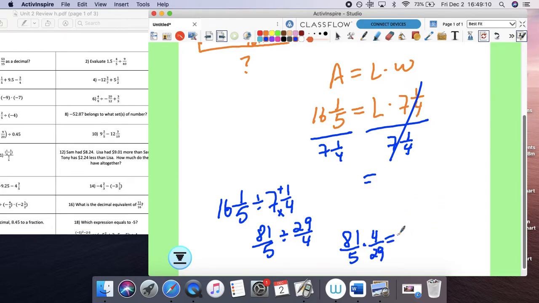Can we simplify this? No, we can't. So on the top I get 324. On the bottom I get 145. 324 over 145. If I change that to a mixed number, it's 2, which is 290, 34 over 145. So that's the length.